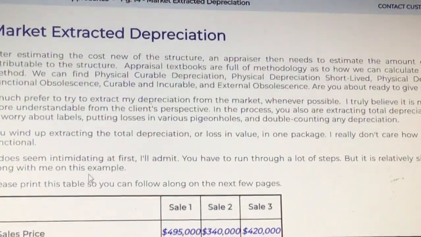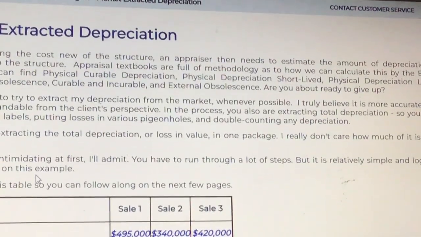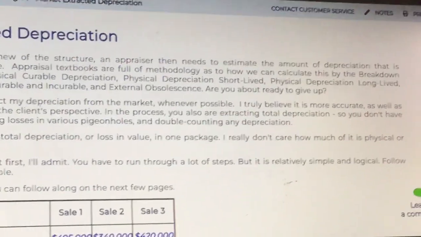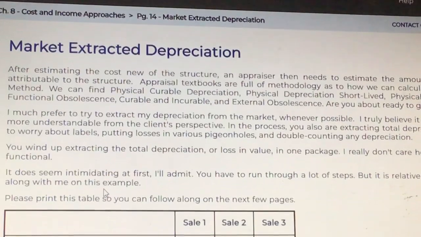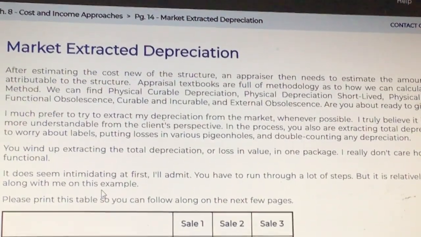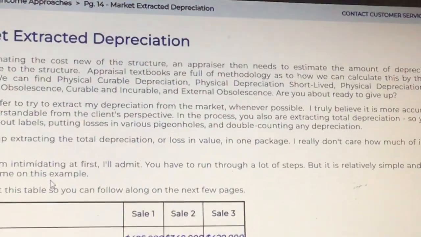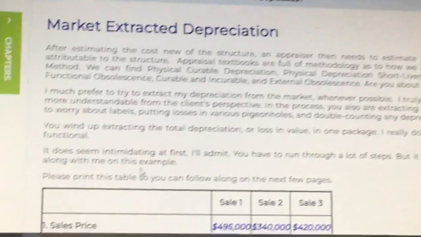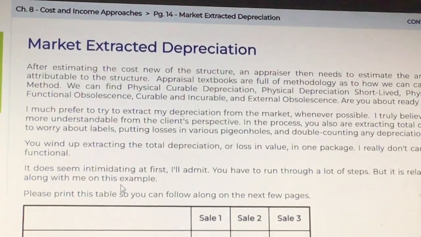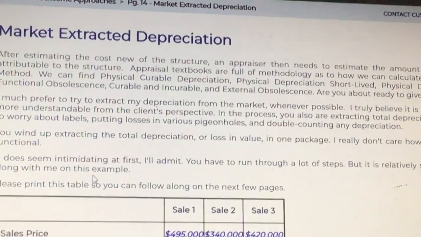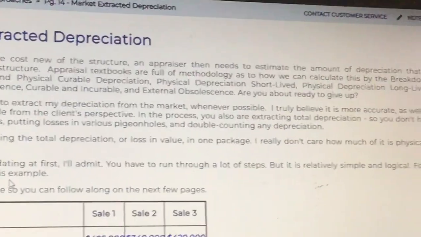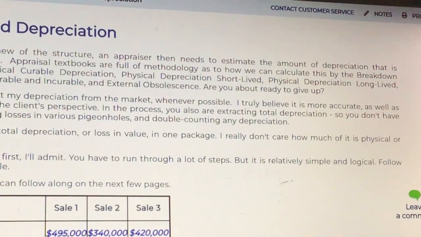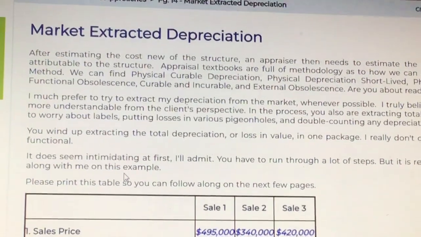In the process, you also are extracting total depreciation, so you don't have to worry about labels putting losses in various pigeonholes and double counting any depreciation. You wind up extracting the total depreciation or loss in value in one package. I really don't care how much of it is physical or functional.